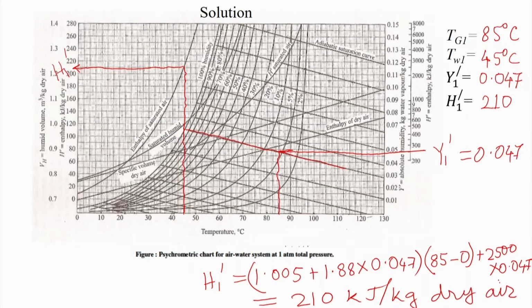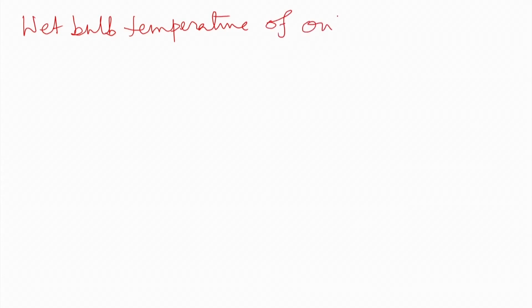So now we have all the conditions of the air which is entering from the bottom of the dehumidification tower. But note that the wet bulb temperature of the outlet air is 30 degree Celsius. The wet bulb temperature of the outlet air is given in the problem, equal to 30 degree Celsius.